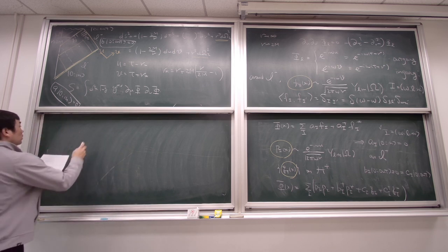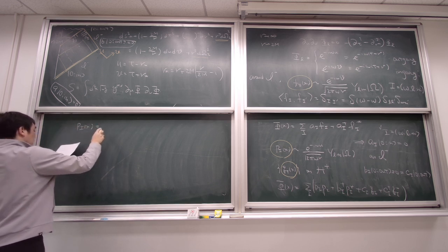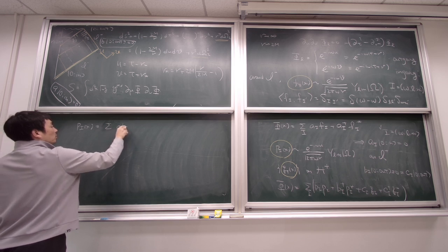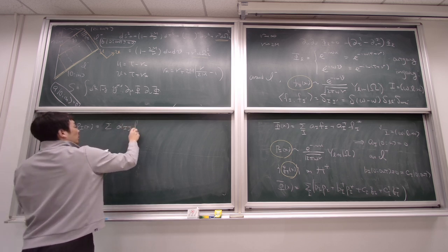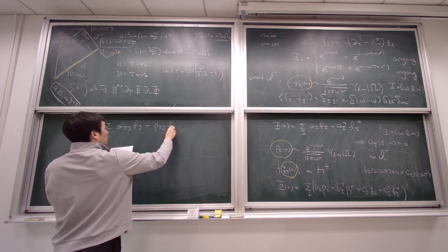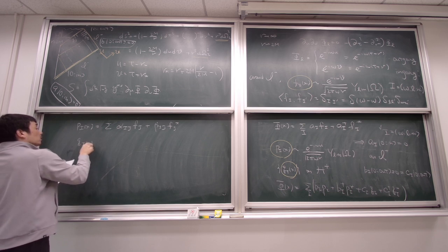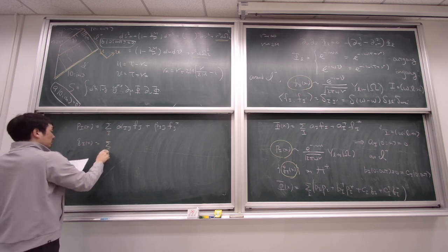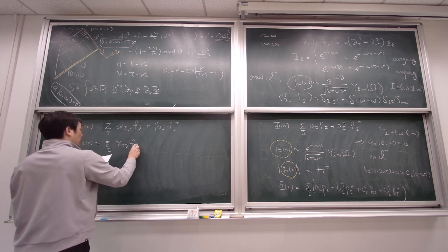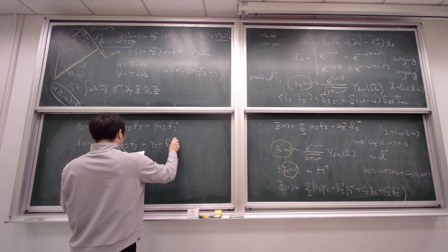So we just write down Pi of x as a Bogoliubov transformation: the sum over j of alpha ij fj plus beta ij fj star, and Qi of x is some other expansion, gamma ij fj plus eta ij fj star.